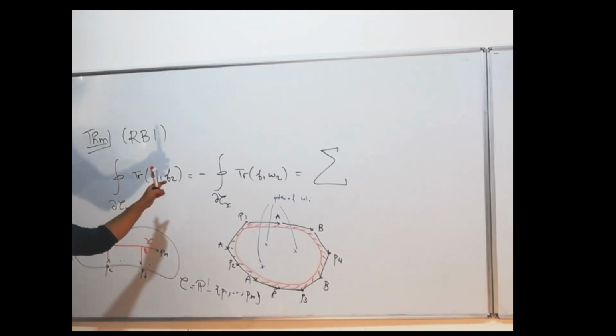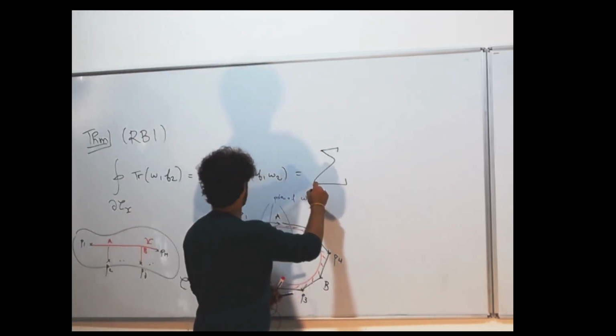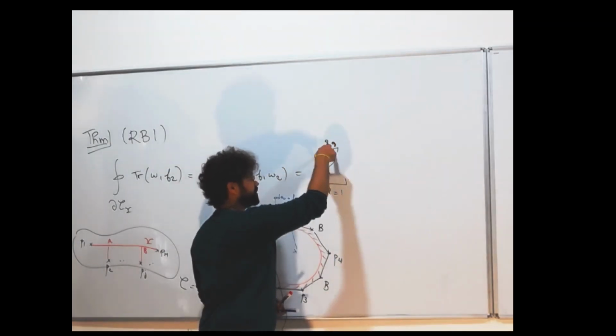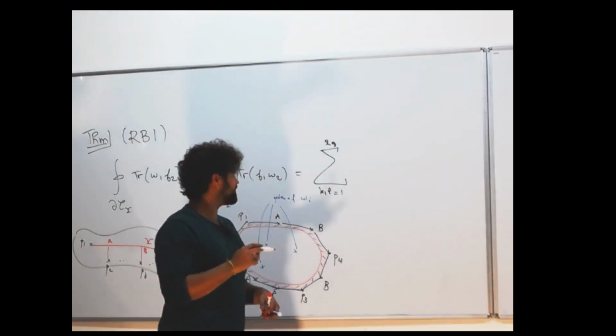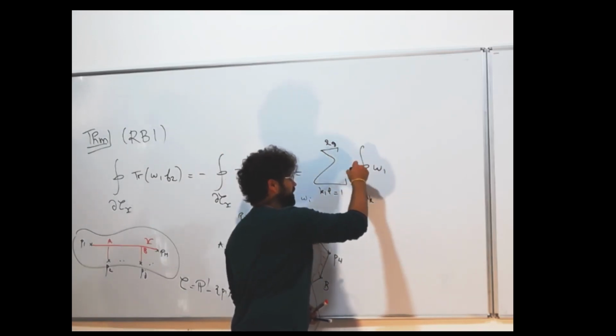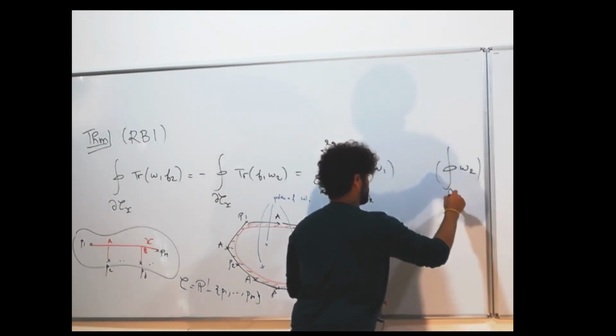So periods in the sense of the pairing between matrix valued differential forms and cycles with local coefficients. And so this was something like a sum over K, L from 1 to g, which was the dimension of the space of cycles, the integral over A_K of omega 1, integral of omega 2 over A_L.